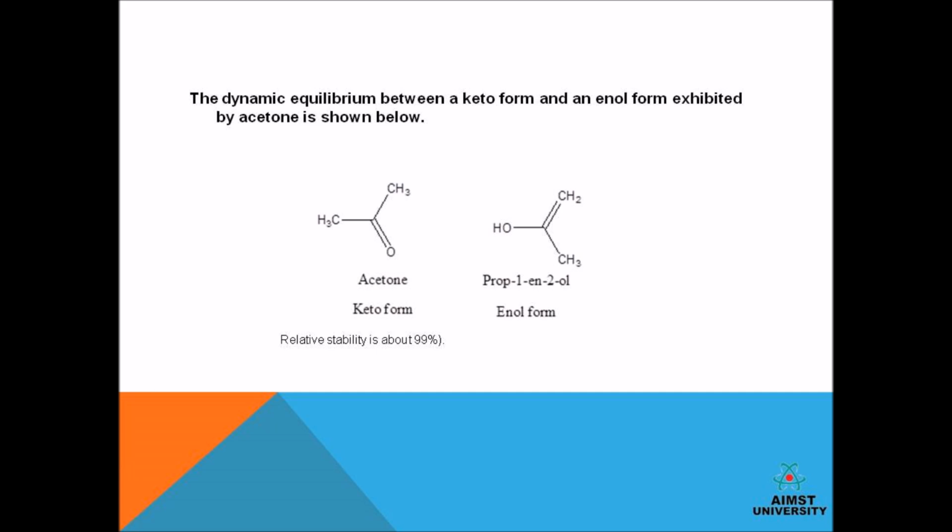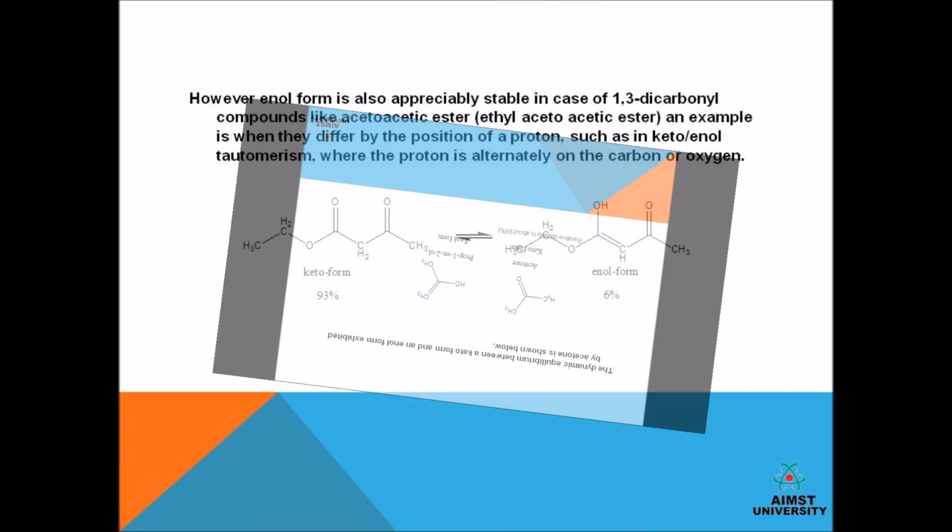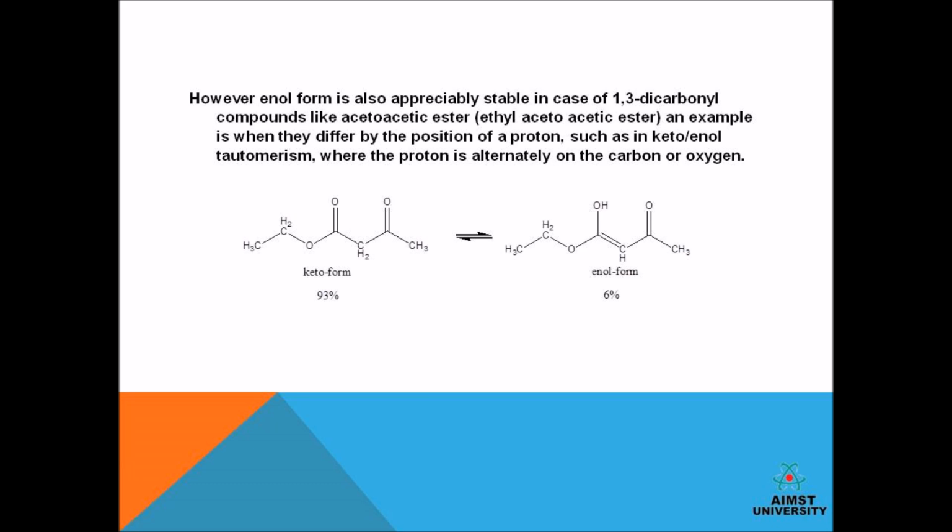It is very important to note that the tautomers are not the resonance structures of the same compound. However, the enol form is also stable in certain cases due to other stability factors. Here you can see an example of 1,3-dicarbonyl compounds like acetoacetic ester, which we otherwise call ethyl acetoacetate.